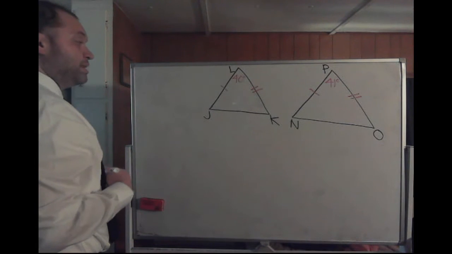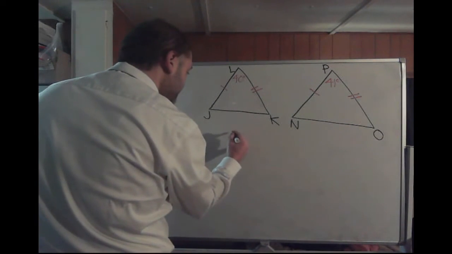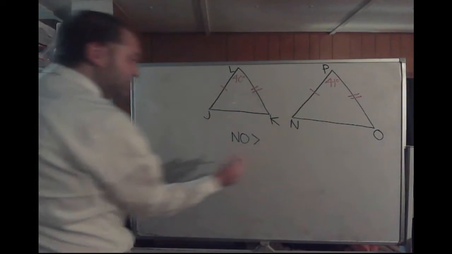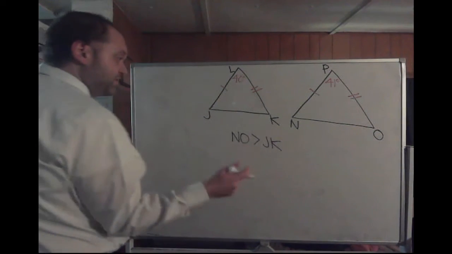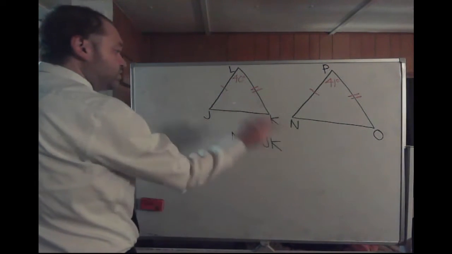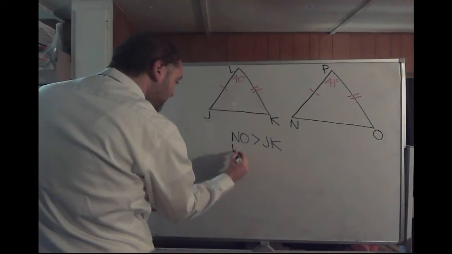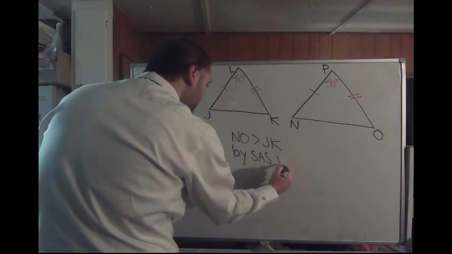Well, by the side angle side inequality theorem, we can deduce that the length of NO is greater than the length of JK. We can deduce that the third side of the second triangle is greater than the third side of the first by the side angle side inequality theorem.